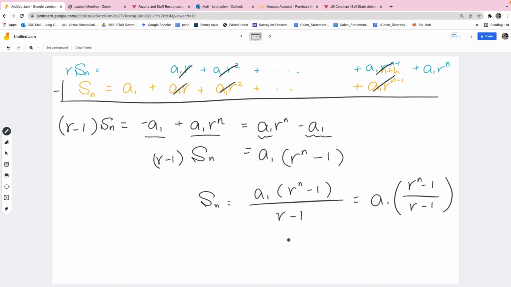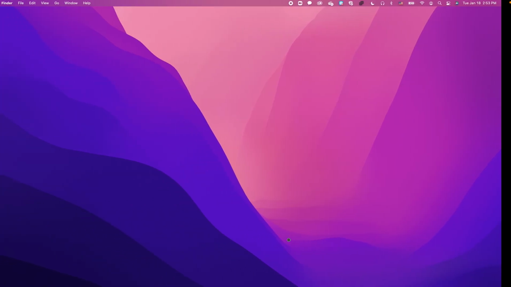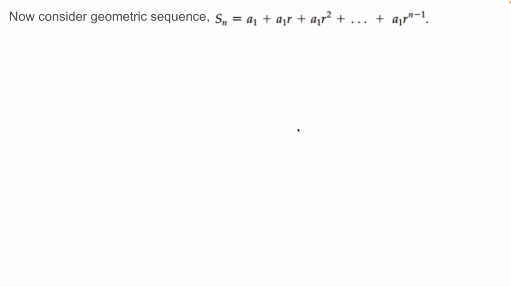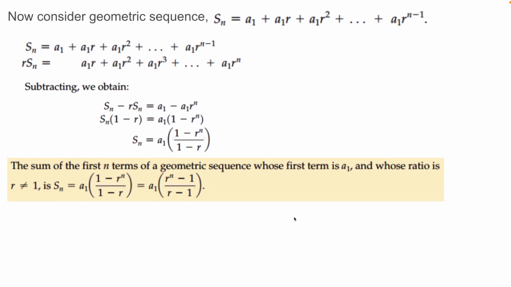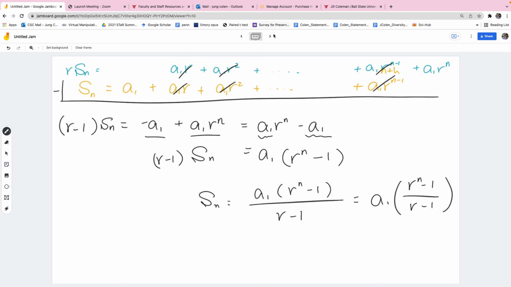It's the same thing. And that is the rule for the geometric sequence sum. Okay, here are the steps. The sum of all the numbers from the first term to n terms, you can have this formula. Of course, if you have any question, you can answer that too using this formula.